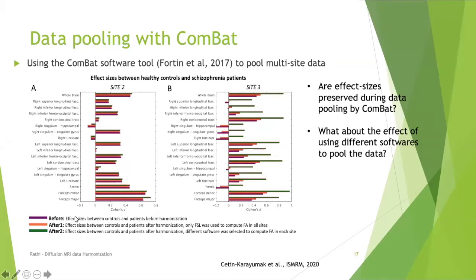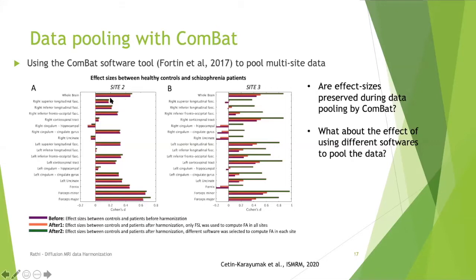You have effect sizes before harmonization, between controls and patients, and then in orange, after harmonization, but using the same software. So the same software pipeline was used. And if you happen to use different softwares to process, then what happens?